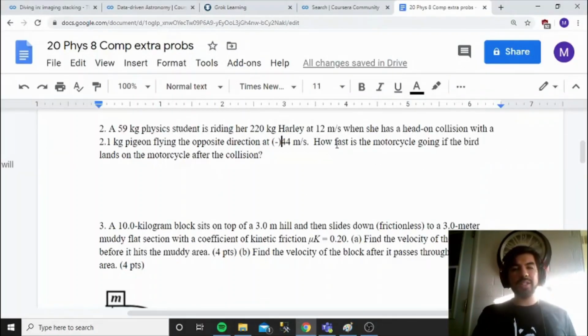If I ask how fast, you can change that to speed, so I don't need the negative or positive sign. You could make this negative, that's fine, or if you really want, you could make this negative and this positive. I would just want the speed. So you could find the velocity, and if it's negative, just change it to positive. Either way would be fine.